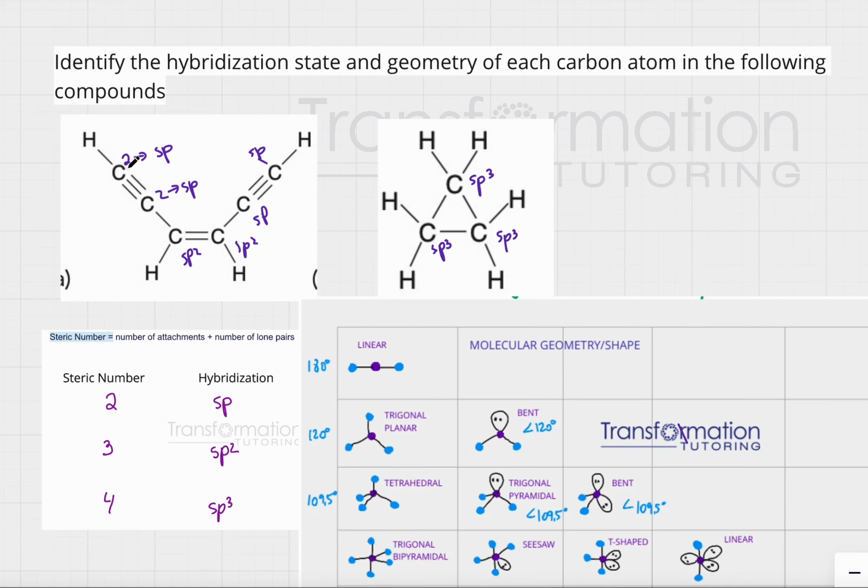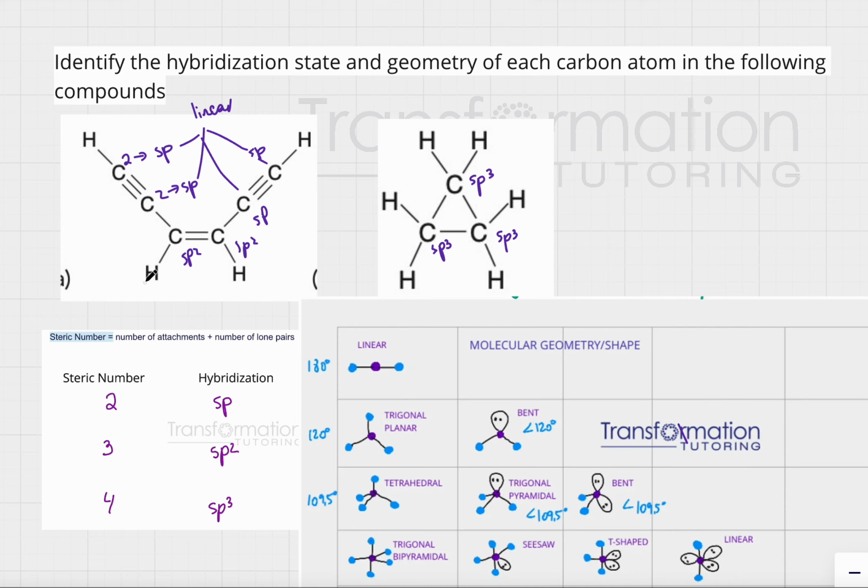In our case, our carbon is attached to 2 atoms with no lone pairs. So we see that if my central atom is attached to 2 atoms, no lone pairs, this is linear. So for sp, all of these carbons are going to be linear. Now, what about sp2?